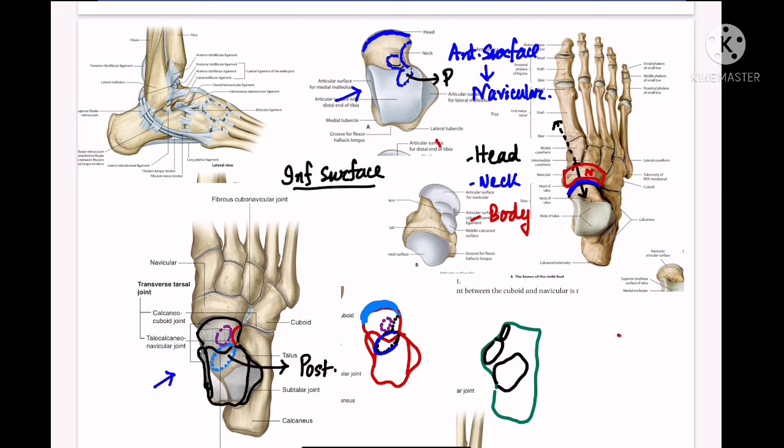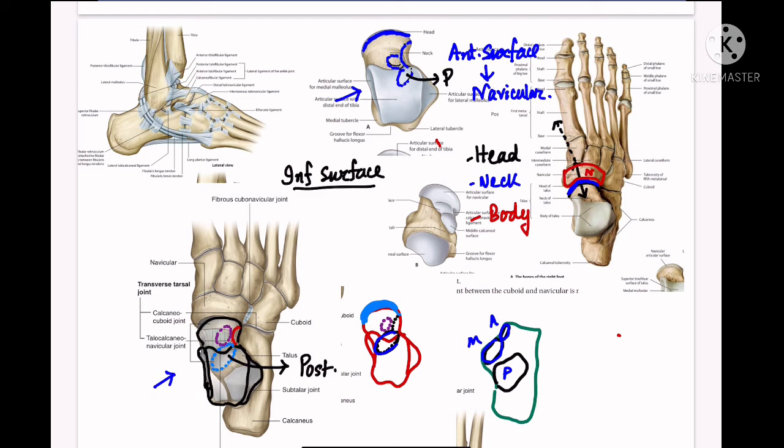Now you have to remember that calcaneus on its superior surface presents three articular facets: anterior, middle and posterior. So these facets will fit with the corresponding facets on the talus.